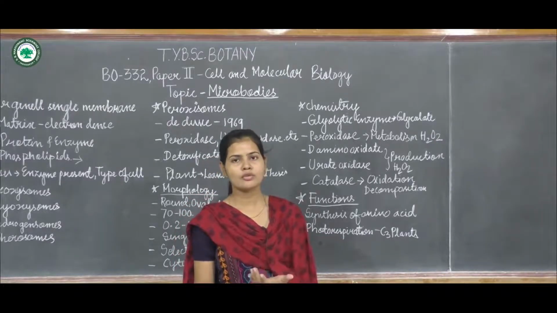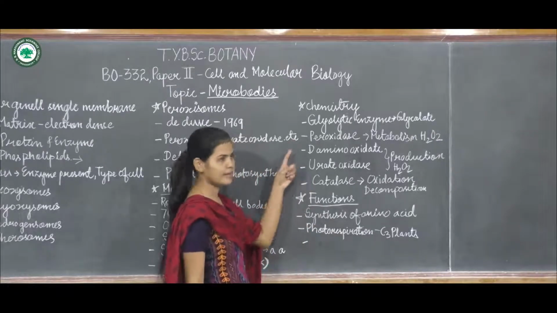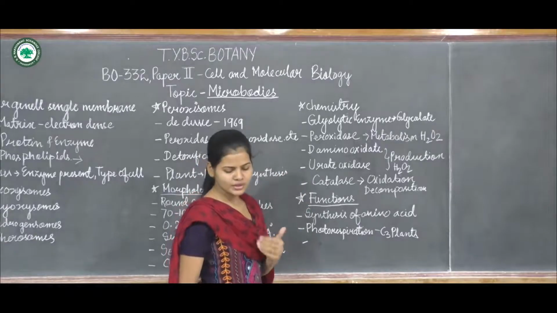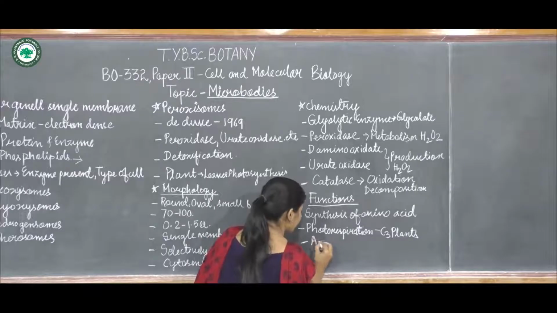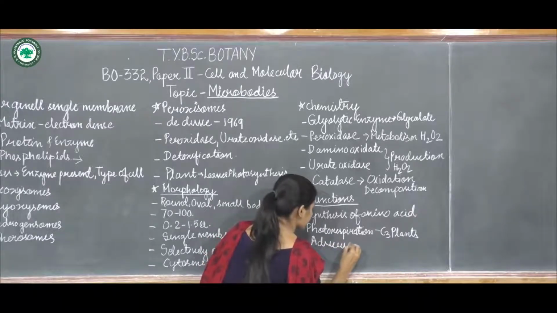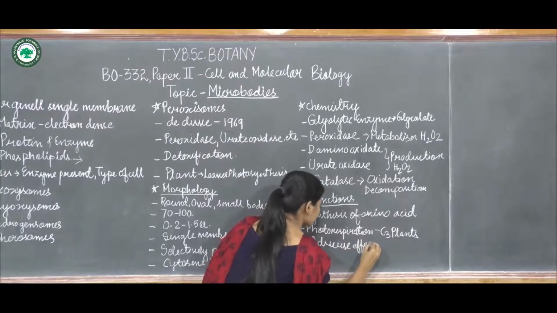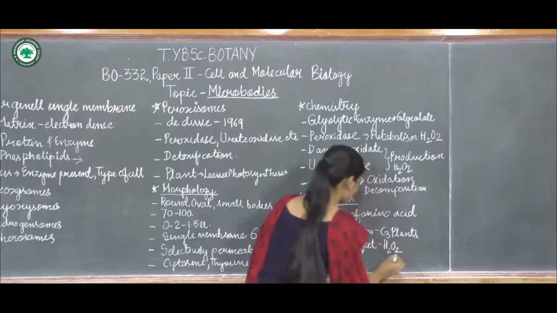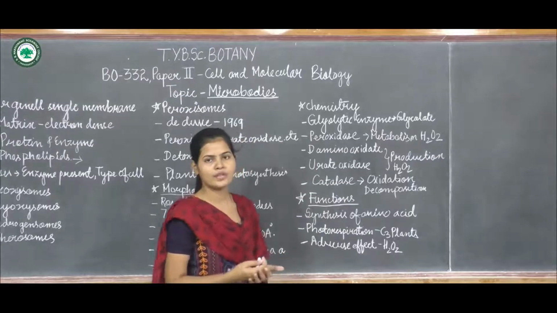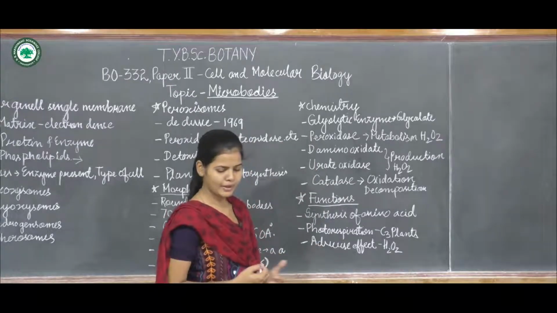Now these are also involved in, as we have seen, there are different enzymes present. So it deals with the adverse effect of the H2O2, that is the hydrogen peroxide.